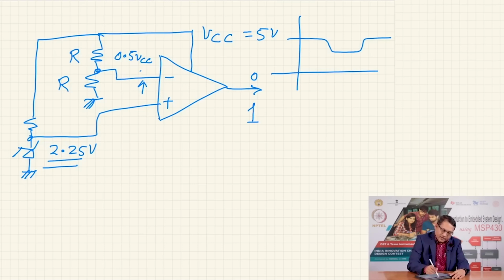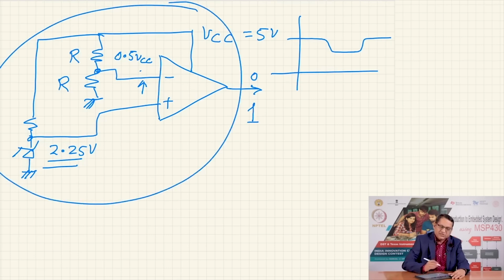So, one can think of such a circuit as integrated inside the microcontroller, but it functions in the way that I have illustrated using op amps, a couple of resistors and a reference diode.